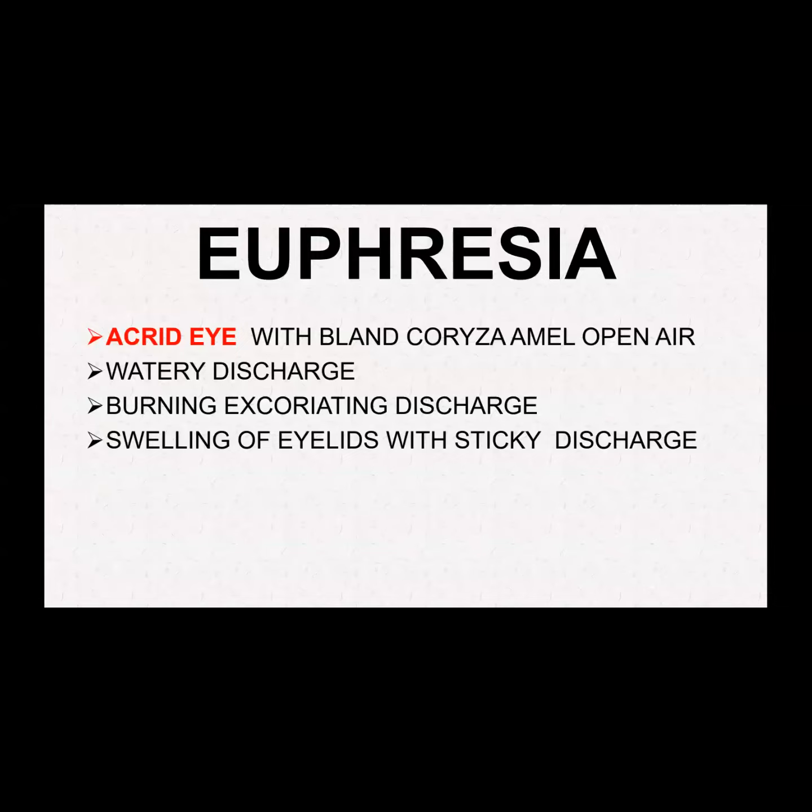The discharge of euphrasia is acrid, with bland coryza. Many times in euphrasia we see conjunctivitis along with coryza. So the symptoms will be the same: acrid eye discharge along with bland coryza, which is mostly ameliorated in the open air.